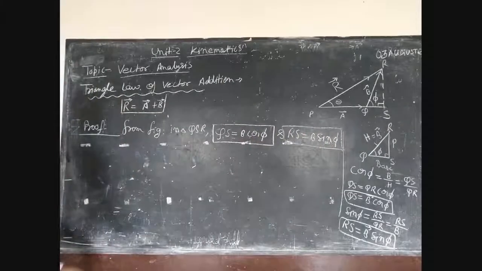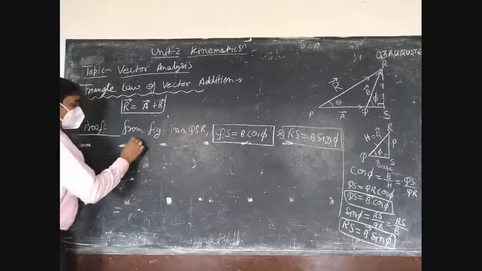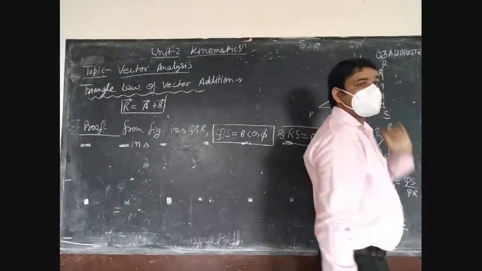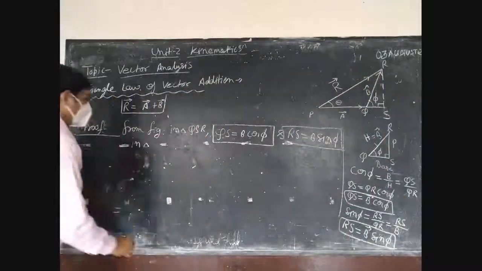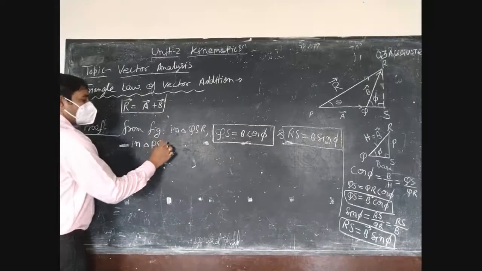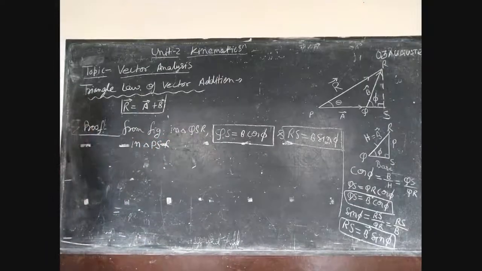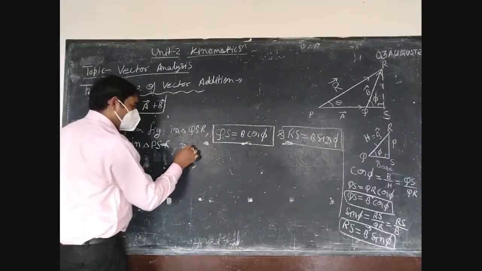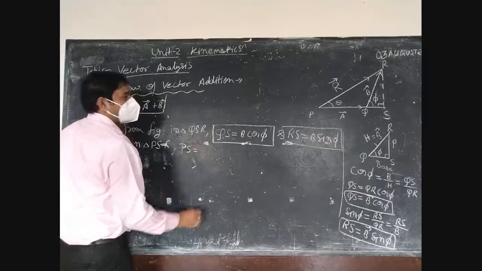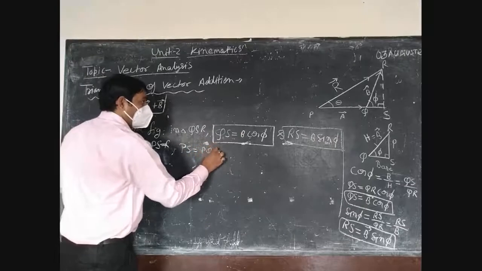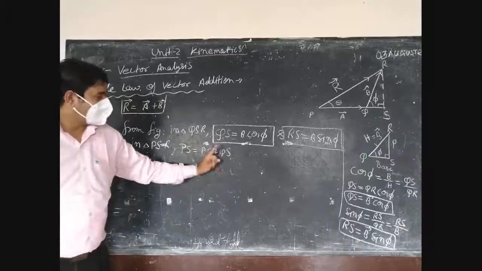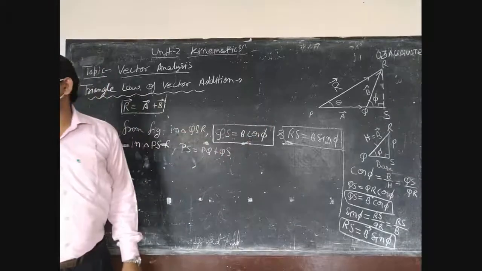Okay, now in triangle PSR, by calculating from the figure we get PS equal to PQ plus QS. That is why we have derived the result for QS.